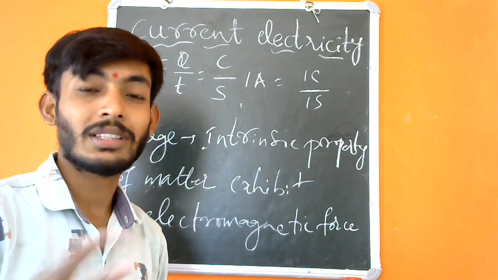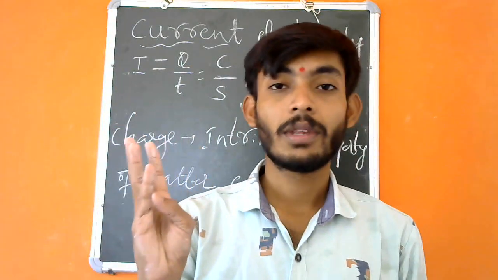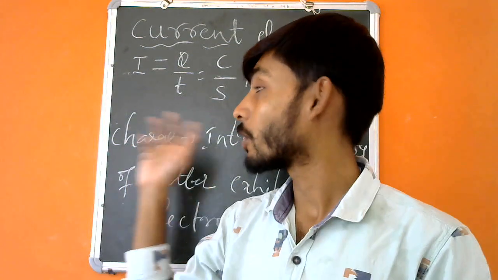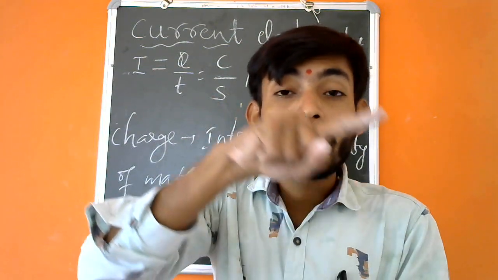So this is about the current, the SI unit of current, the charge, and the number of electrons present in 1 coulomb of charge. Current has a very simple definition: the rate of flow of charges across the cross section of the conductor. When 1 coulomb of charge passes in 1 second, we define it as the unit of current.